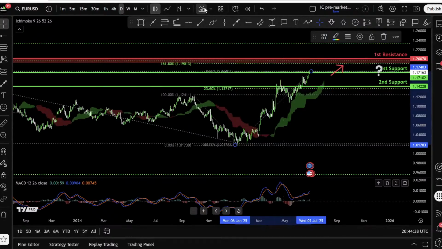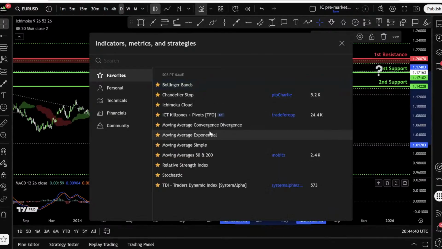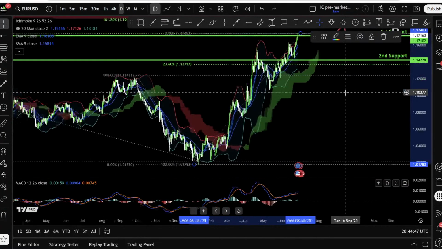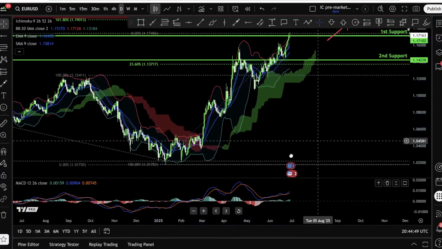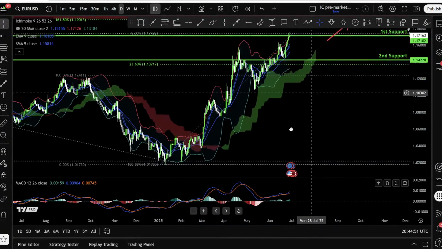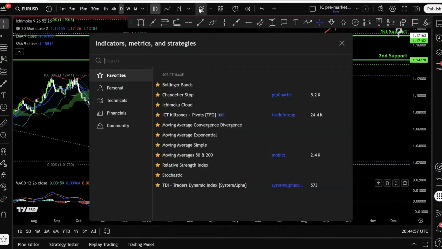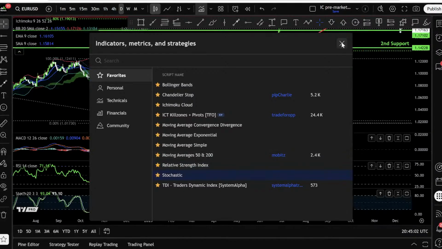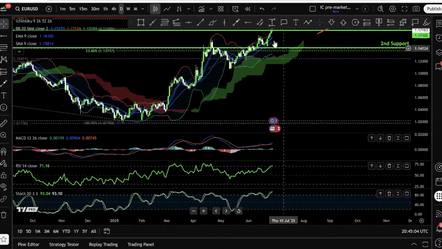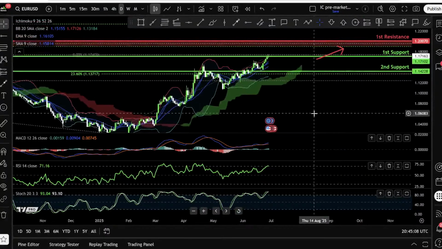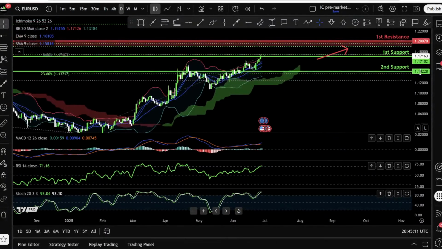MACD, you can see, is giving us a bullish signal as well. Okay, and you can see Bollinger Bands. Price is pushing above the upper band as well, so that's also giving us a bullish signal. And it's also moving above our moving averages. I'm using both EMA and SMA, and you can see price crossing over them.